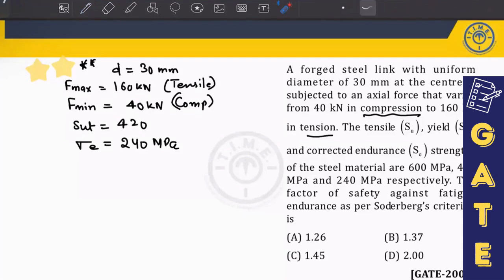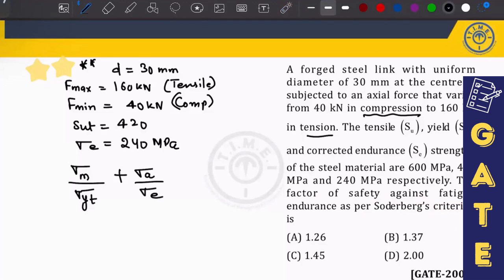Now, first of all, for calculating this, what equation do you have to use? Soderberg equation. Soderberg equation is basically for the ductile material, and you can see here steel is a ductile material. For the Soderberg equation, Soderberg means mean stress divided by yield tensile strength plus variable stress divided by endurance limit is equal to 1 by n.